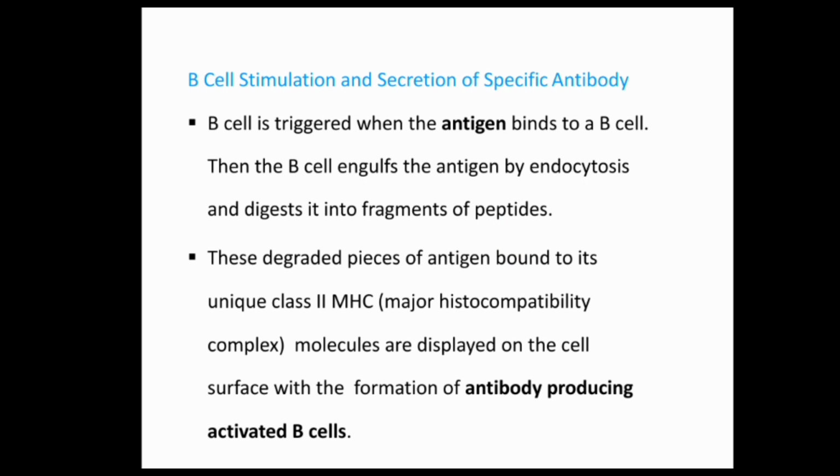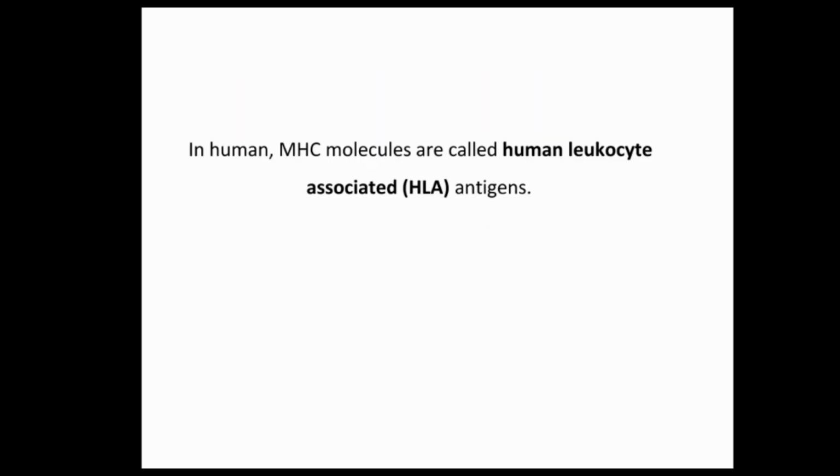Okay. These degraded pieces of antigen bound to a unique class of major histocompatibility complex molecule are displayed on the cell surface, with the formation of antibody producing activated B cells. In humans, the major histocompatibility complex is called human leukocyte associated antigens. Okay.